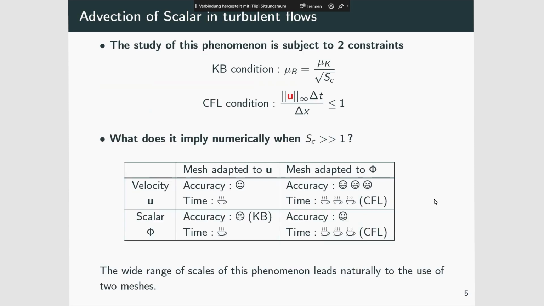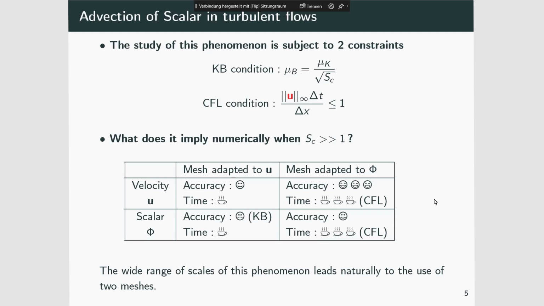So what does it imply when the Schmidt number is very high compared to 1? If you want to treat this problem in a monolithic way, if you use a mesh adapted to the velocity, you have an accuracy on the velocity which is okay, and the time will be, let's say, a cup of coffee or tea. On the contrary, for the scalar, the accuracy will be very bad due to the Kolmogorov-Batchelor condition.